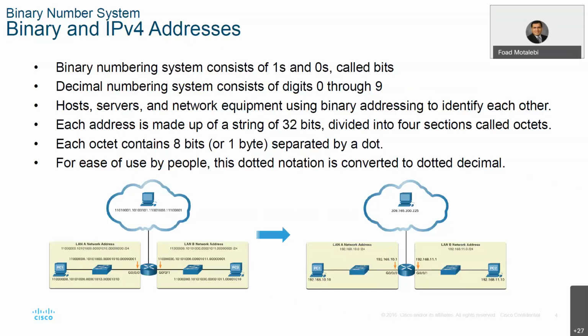That means 24 bits is for network, and host is only 8 bits. So how many devices can you add in 8 bits? Maximum 250. Let's say for now 255.